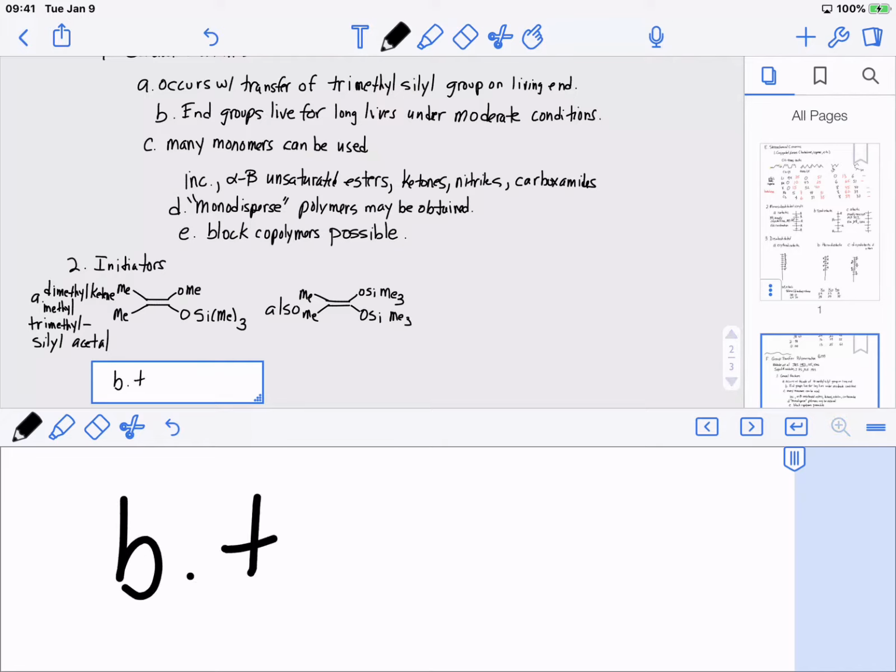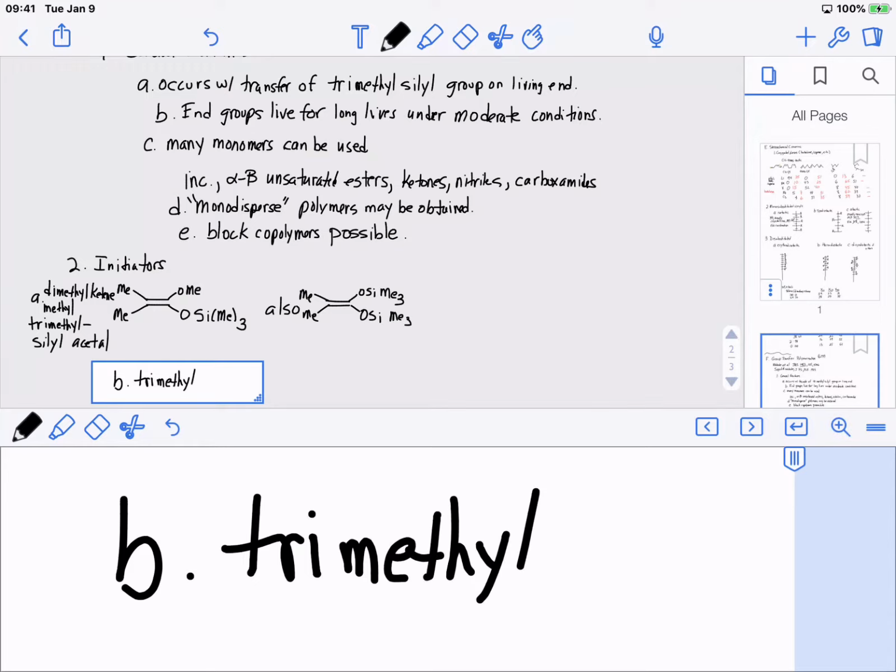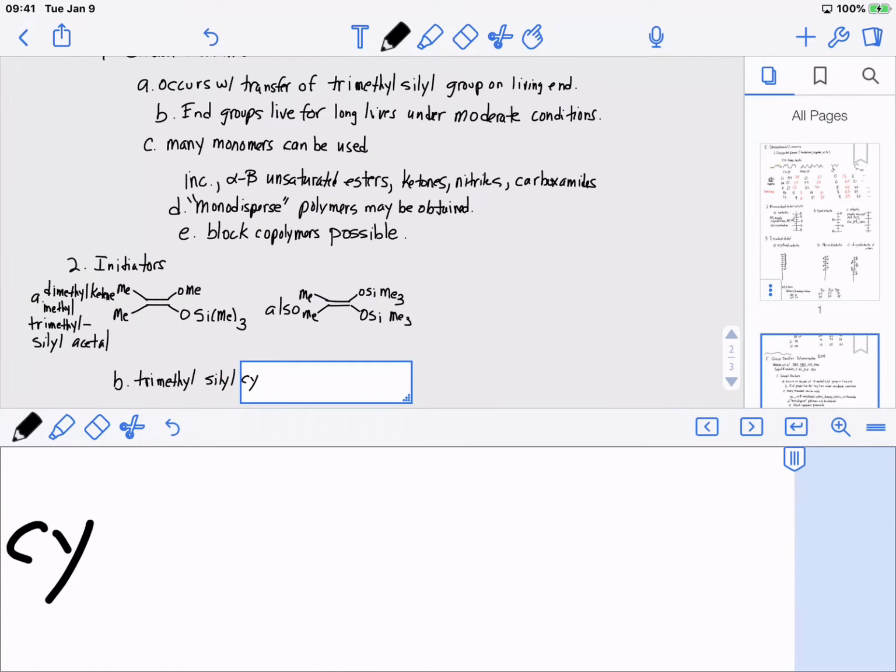Second one, trimethylsilyl cyanide, group CYAN. And this guy is just simply this.